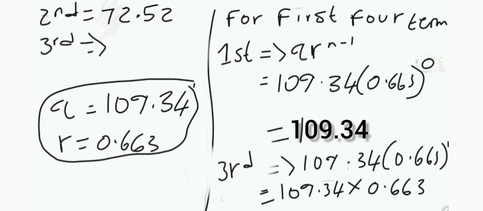So 0.663 raised to power 2 is just like saying 0.663 times 0.663. Any answer you resolve to, you multiply it by 109.34. So what do we have now?